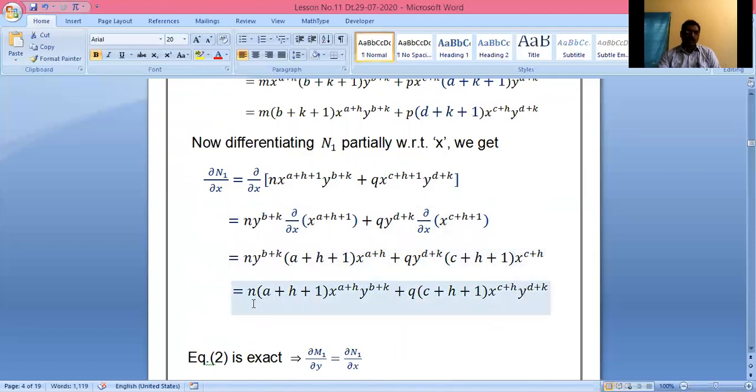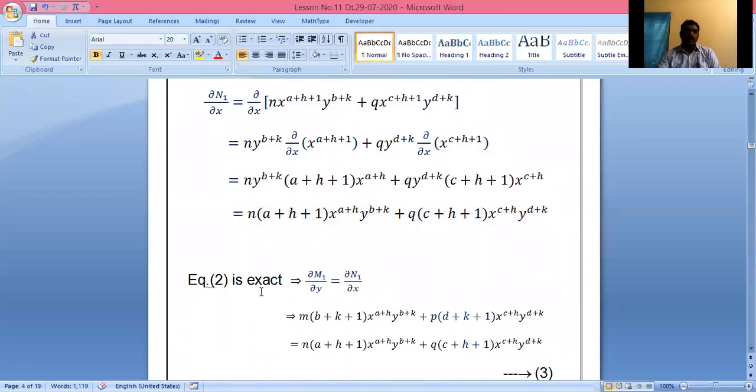That is equal to n (a+h+1) x^(a+h) y^(b+k) plus q (c+h+1) x^(c+h) y^(d+k).